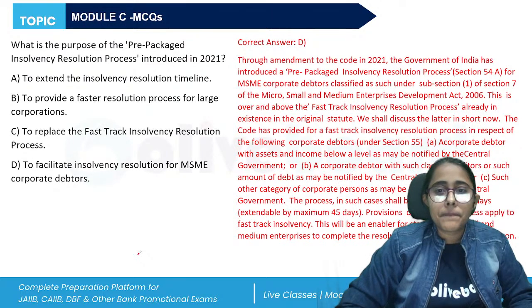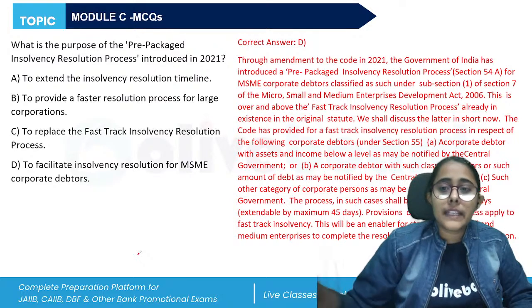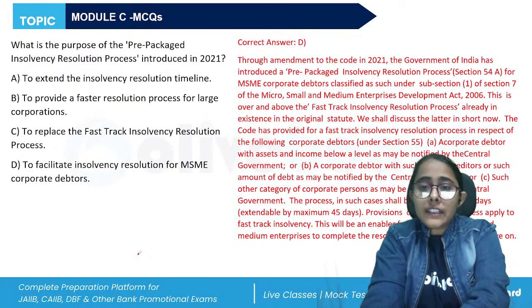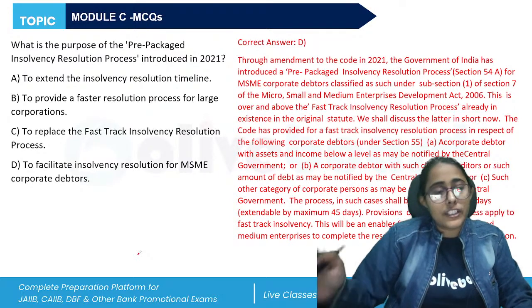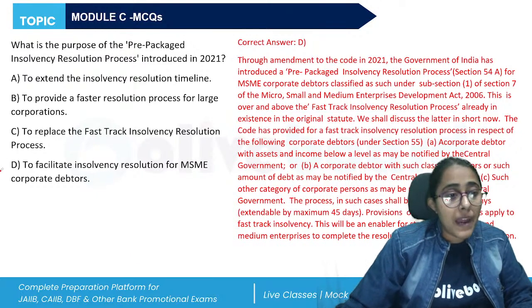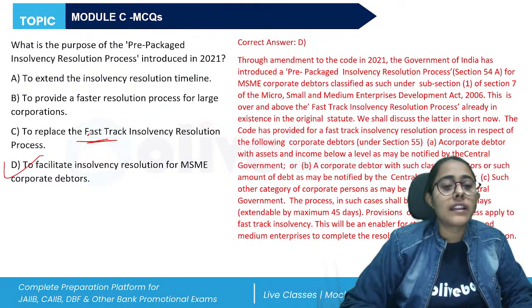All right, for the MSME. So this is over and above the fast track insolvency resolution process, which is already in existence. It is not to replace, but in addition to the fast track insolvency resolution process.